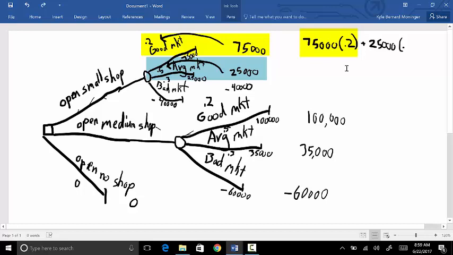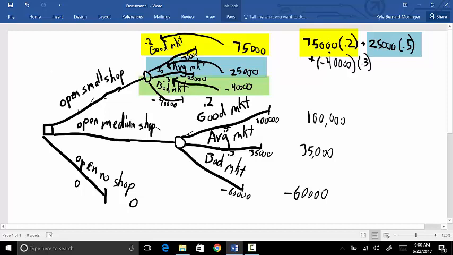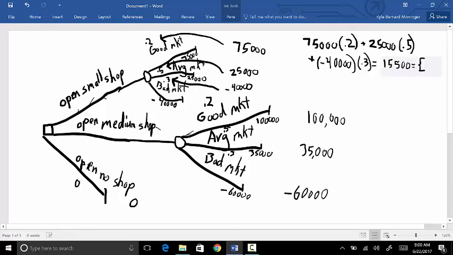So plus the 25,000 times 0.5, plus the last monetary value, weighted by its probability, so the minus 40,000 times 0.3. Okay, so doing that math together, we get 15,500. This is the EMV, or the expected monetary value, of opening a small shop.